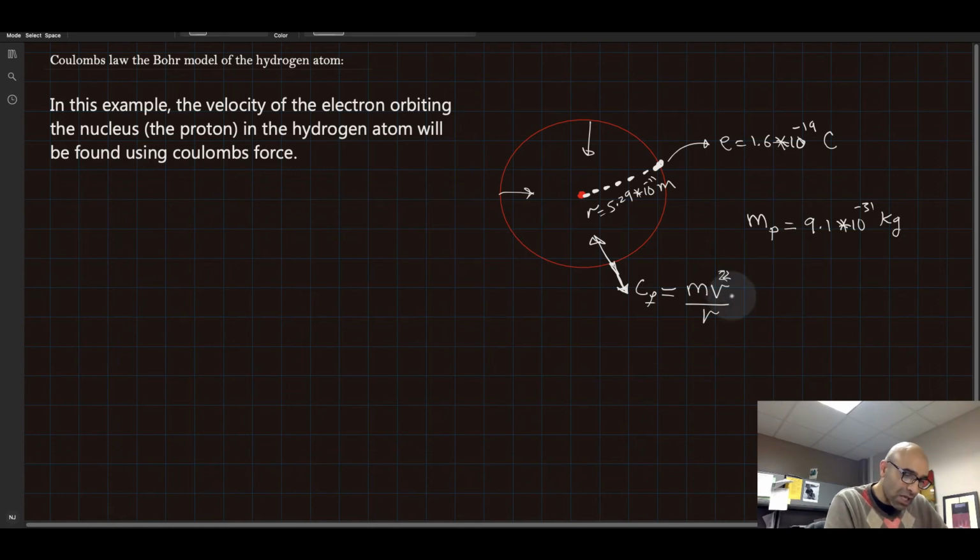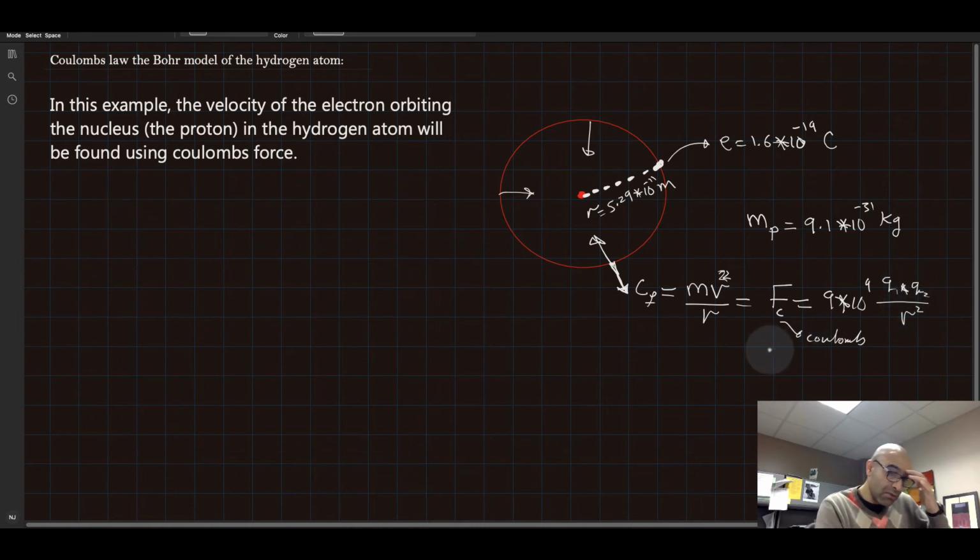So if this centrifugal force is equal to the Coulomb force, F sub c, that's c for Coulomb, and F sub c is equal to 9 times 10 to the power 9 Q1 times Q2 divided by the distance squared. These two forces should be equal, and that's how we solve this problem.